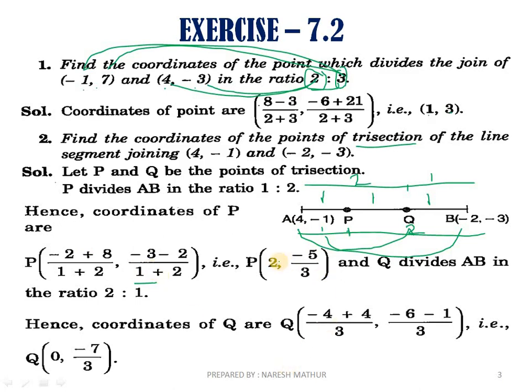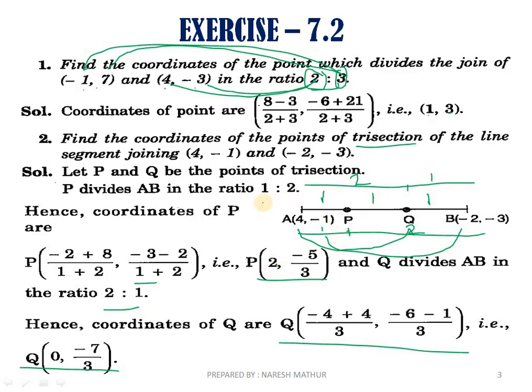Now for Q, we'll take m1 as 2 and m2 as 1. Using the same formula we can get the value of Q. So the final answer is: the coordinates of Q are (0, -7/3) and the coordinates of P are (2, -5/3).